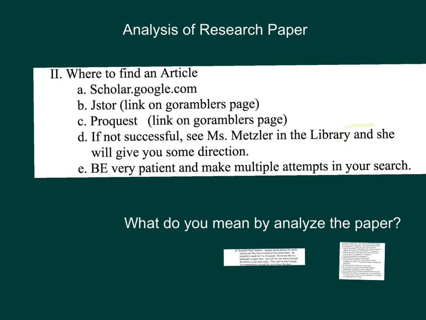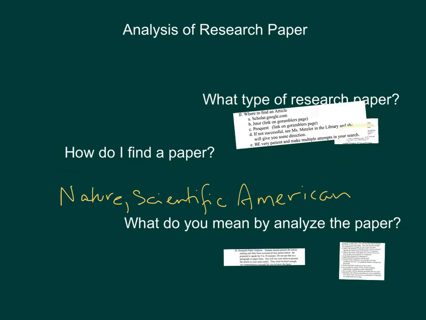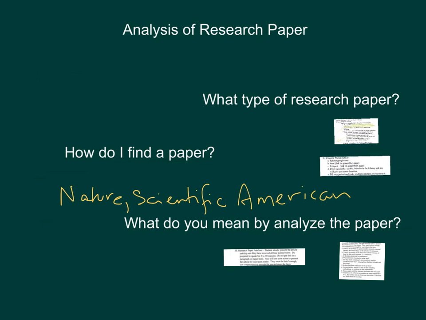But there are also some other sources which are listed on the next page, such as Nature, Scientific American, which we have on our library website. So you're going to want to make use of one of these in order to find your article. It will take some effort, so please be patient.